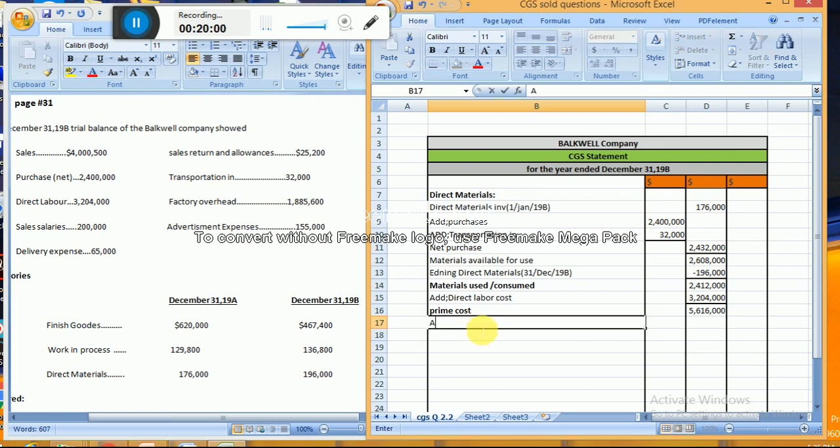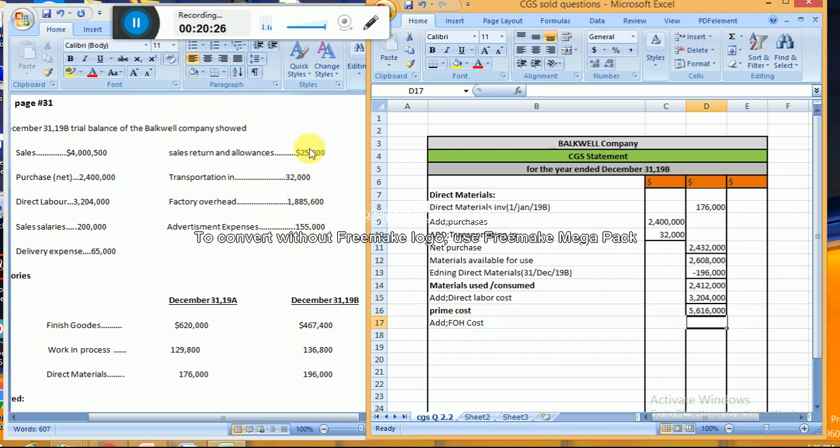So we will add those costs, add FOH cost, factory overhead cost. FOH, factory overhead, is all indirect cost, for example, indirect labor, indirect material and indirect expenses. That is called factory overhead. How much is factory overhead?